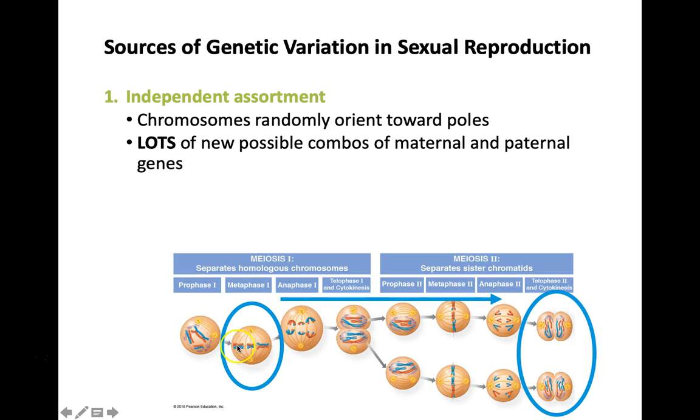So this can happen at any combination of red-blue. So here we have red, red, blue, and then the bottom cell is blue, blue, red. We could also have red, blue, red, and blue, red, blue. Each of those combinations is producing new varieties of new combinations of whole chromosomes.